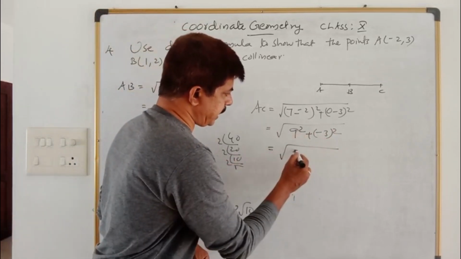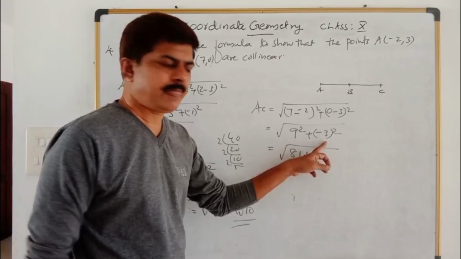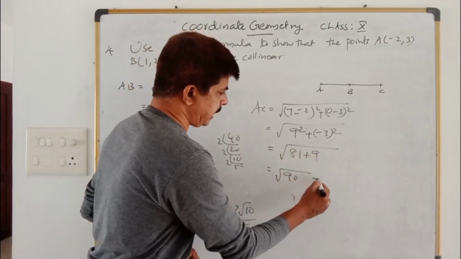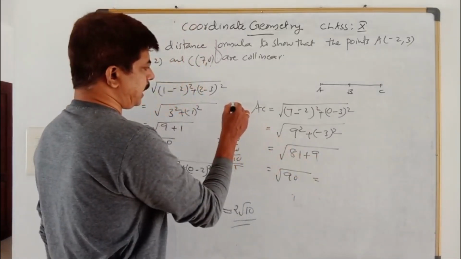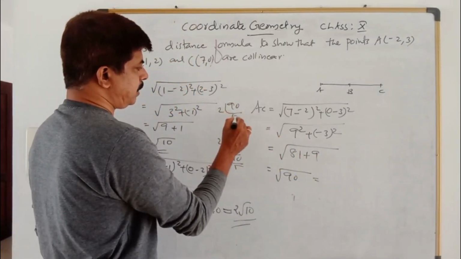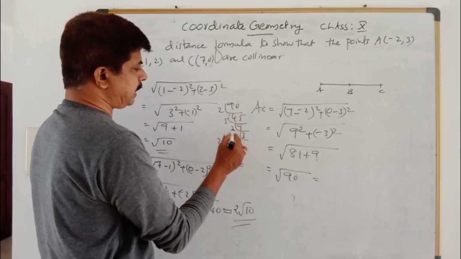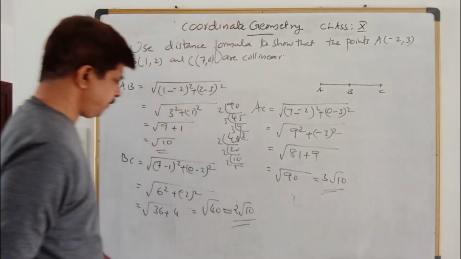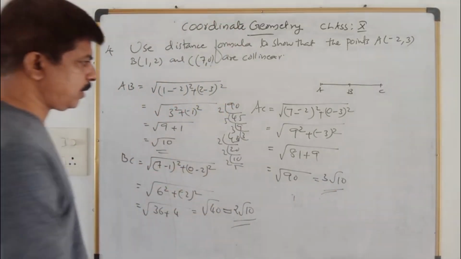What is the square of 9? 81. What is the square of negative 3? Positive 9. So we are getting root 90. 90 also we can write in simplest form. Here we are getting 3 root 10.